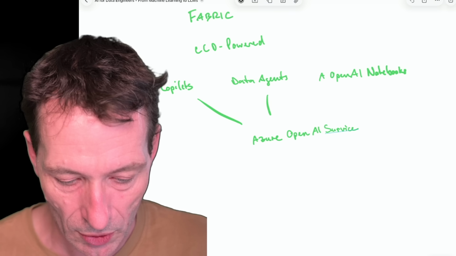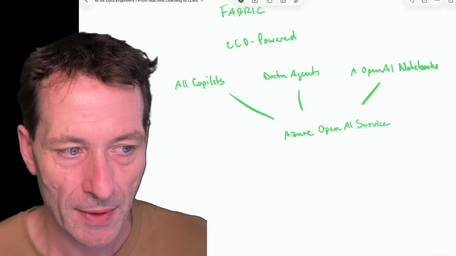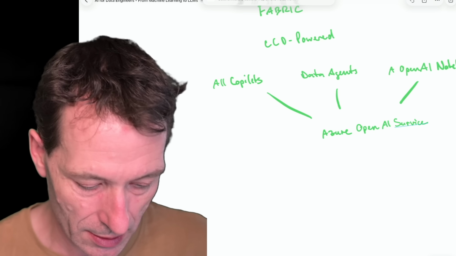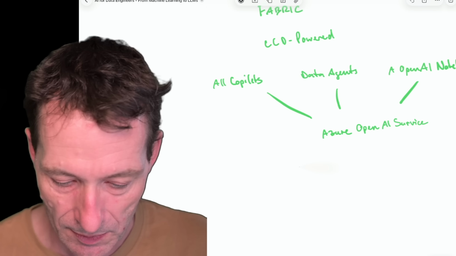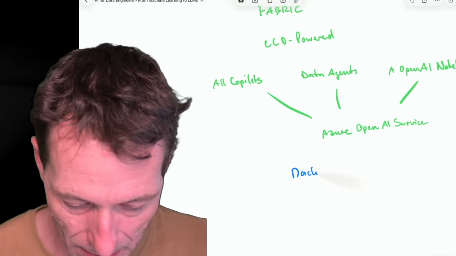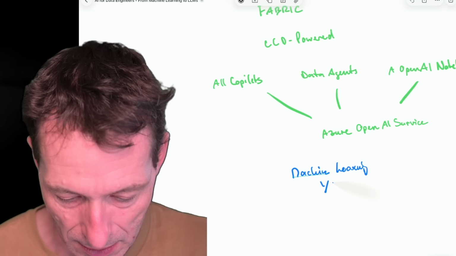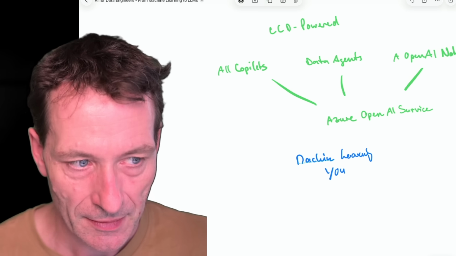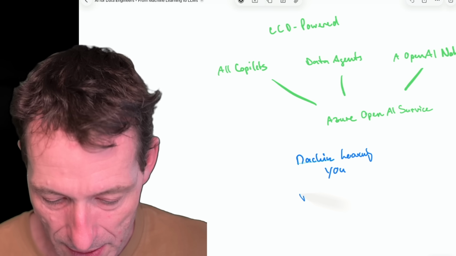This is Copilots, data agent, and OpenAI notebook API. Where is your part? So where is machine learning? Machine learning, this is you. You need to train that. It's basically in all data science workloads.